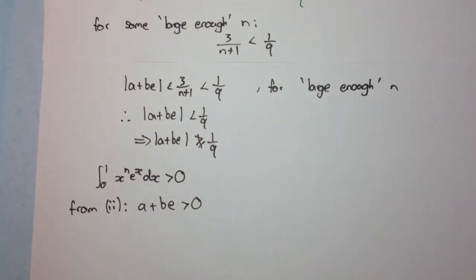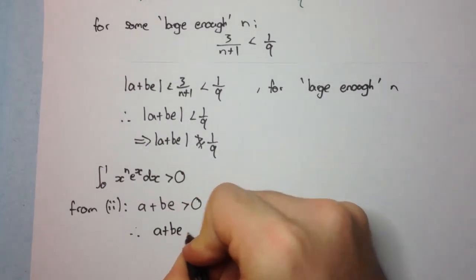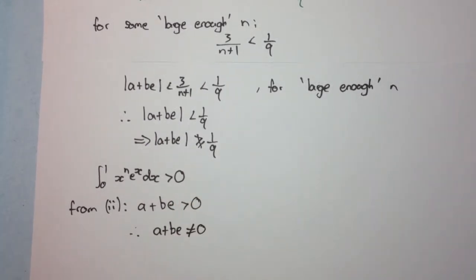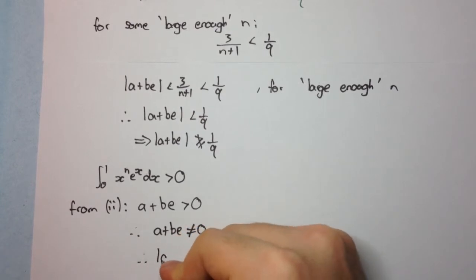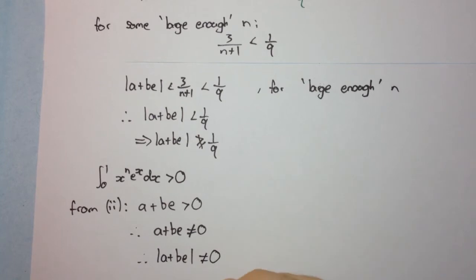This is greater than 0. Now if it's greater than 0, well then it's not equal to 0. So therefore, a plus b e is not 0. And if a plus b e is not 0, then its absolute value is definitely not 0.